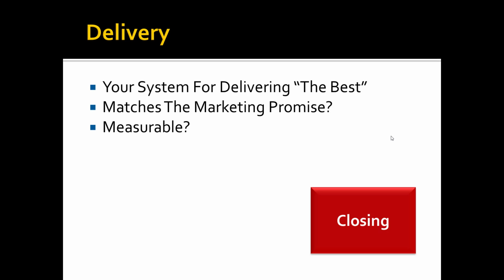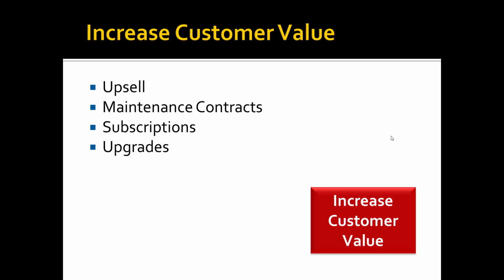And then also, is it measurable? Do you know exactly how everything went? Two weeks from now, somebody calls up and says, hey, I ordered this thing and you left out some of the parts. Do you have a way to track all of those things? And if you don't, you should, because this is very important.